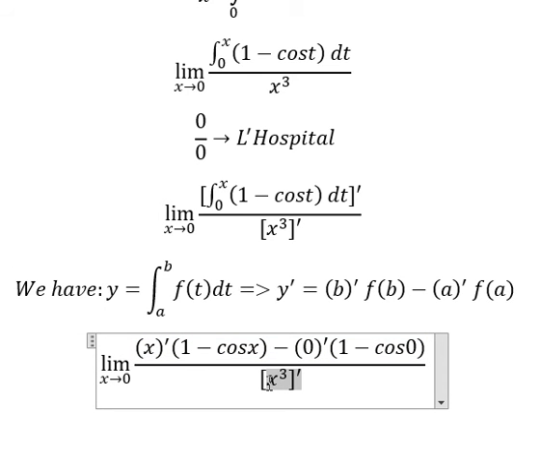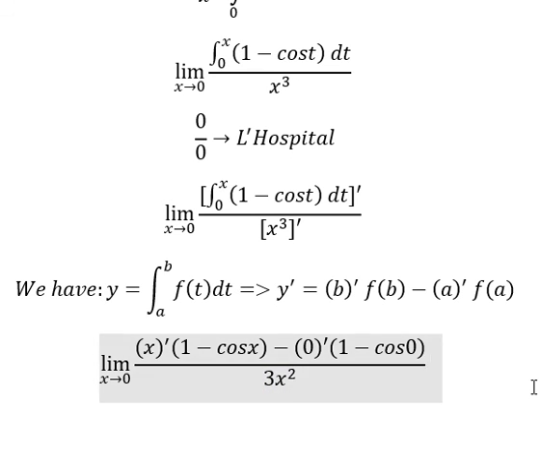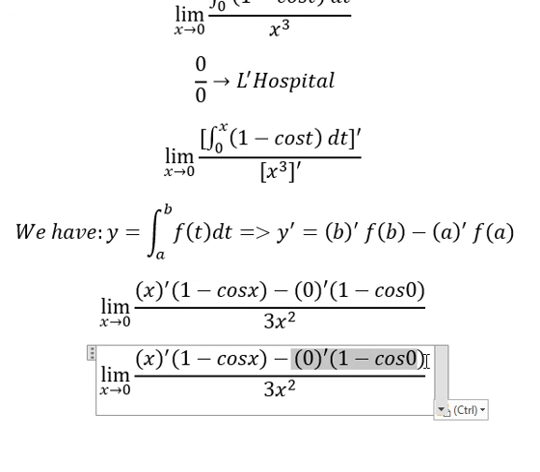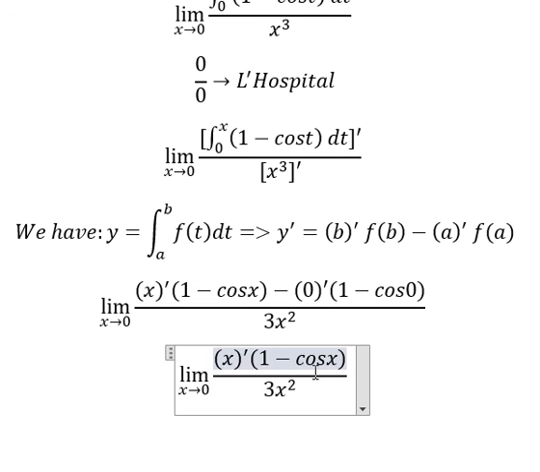This one we apply the power rule of derivative, so we have 3s squared. This one is a constant, so you get 0. This one we have 1.